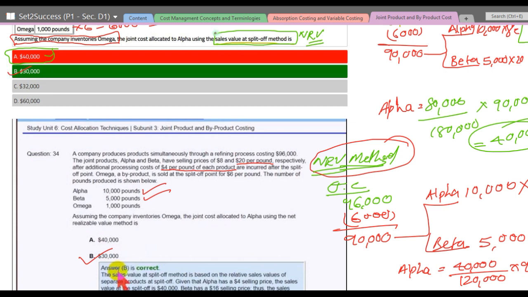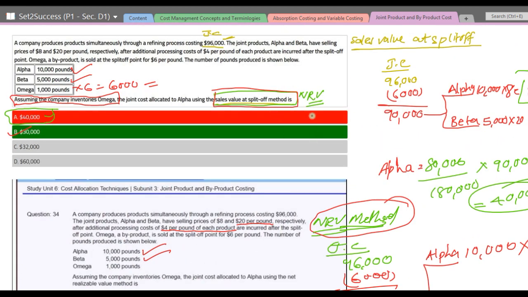The mistake is that it's not sales value at split-off. It is the NRV method, because sales value at split-off will result in an answer of 40,000, which is the correct option. With the NRV method, it is 30,000.